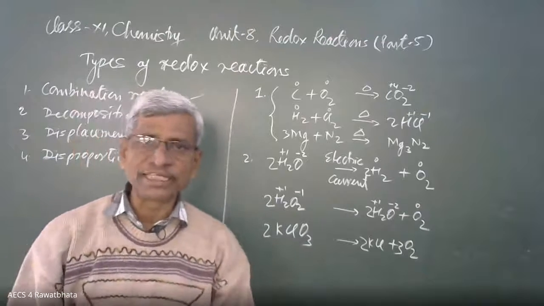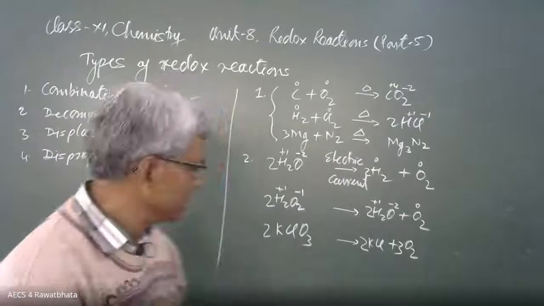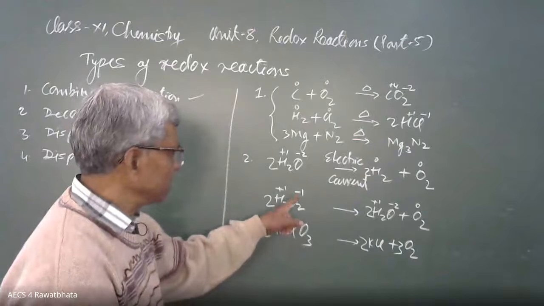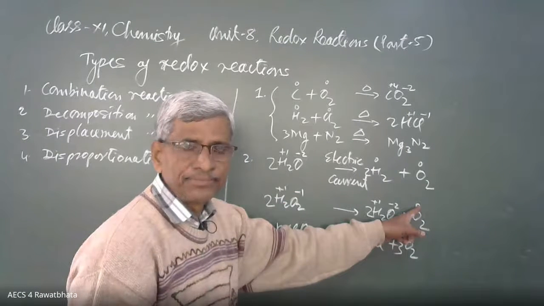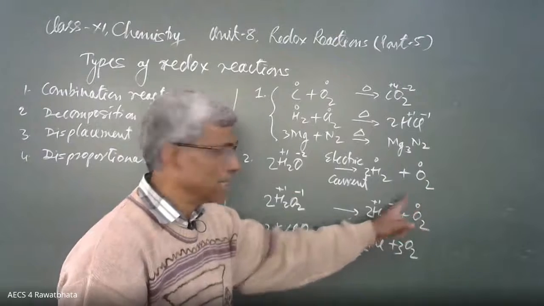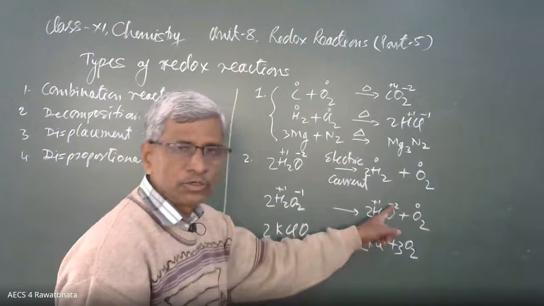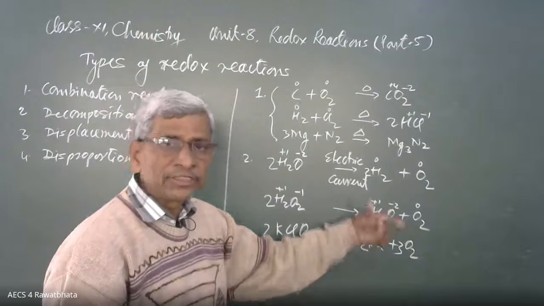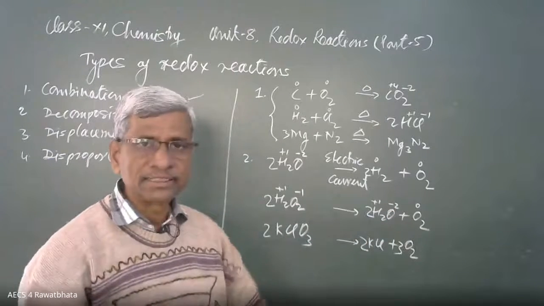This is also an example of disproportionation reaction. Here -1 changes into 0, increase in oxidation number, that's why it is oxidation. And here -1 changes into -2 oxygen. It is reduction, decrease in oxidation number. So this is a redox reaction.